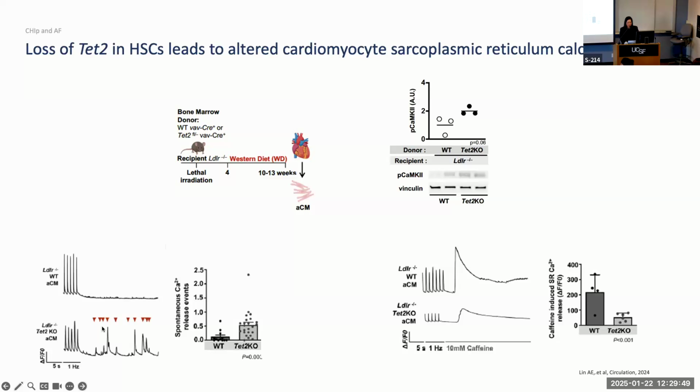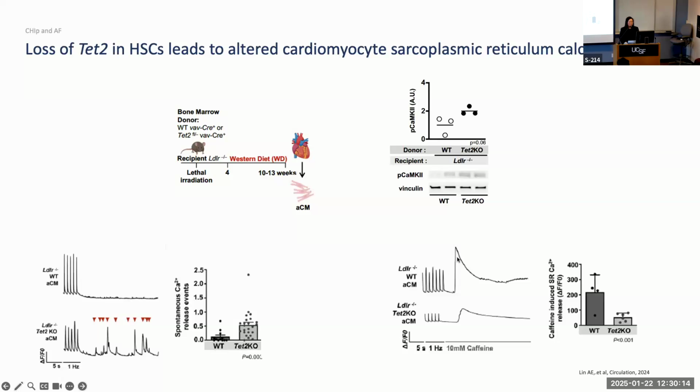So this indicates that there's aberrant calcium handling in these cardiomyocytes, and this is just a quantification of those calcium releases. If these cardiomyocytes are treated with caffeine, we can then see the change in the calcium release from the sarcoplasmic reticulum.